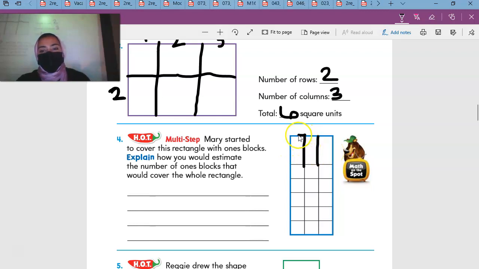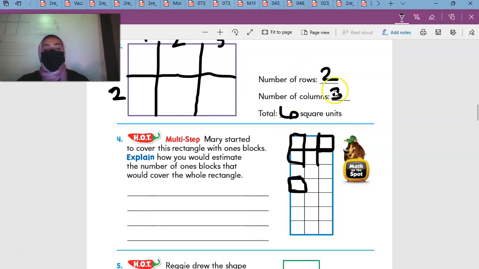Is this size the same as this size? Is it the same size? No, it's not. So what if I put a line here? Hold on, hold your horses. Is this size kind of the same as this size? Yes, it is. So, everyone, how many more do we need? 6. We need 6 more.